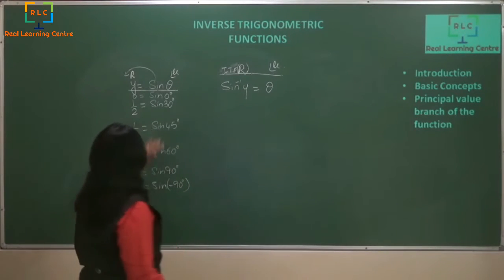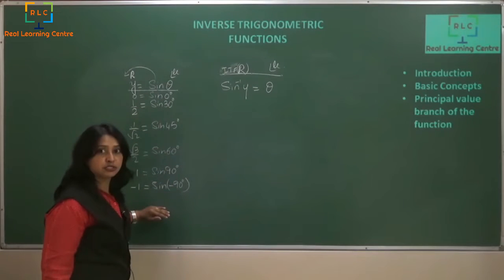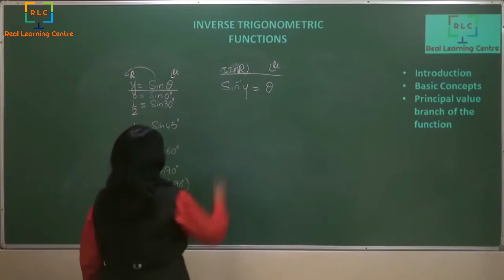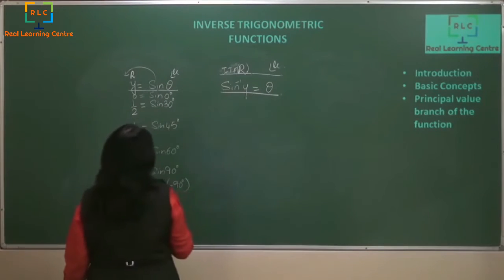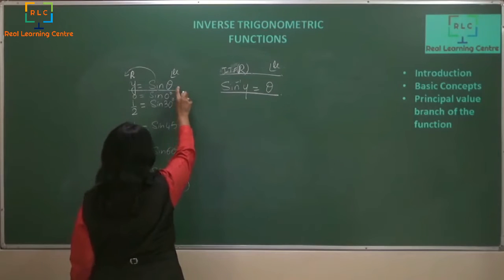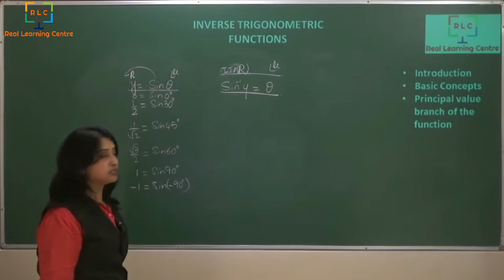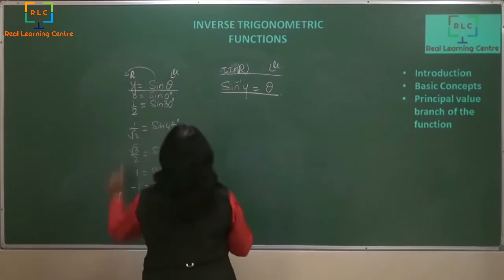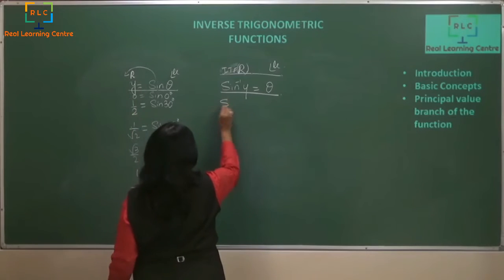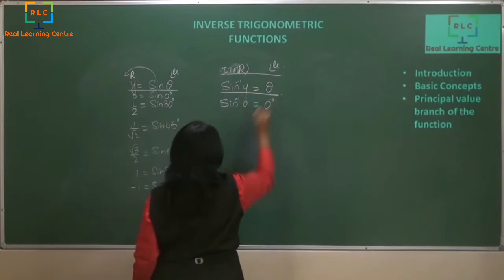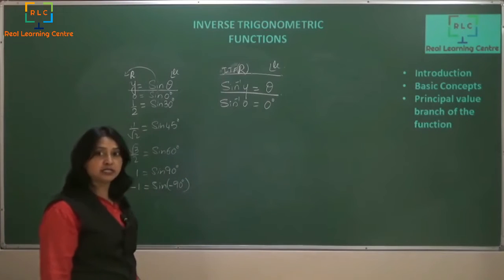So now I shall write exactly the vice versa of this. So how do you understand now? This is sine inverse y is equal to theta. That is the inverse trigonometric function of this trigonometric function. So this becomes sine inverse 0. Sine inverse of the number 0 is equal to 0 degrees, or we write it as 0 pi.